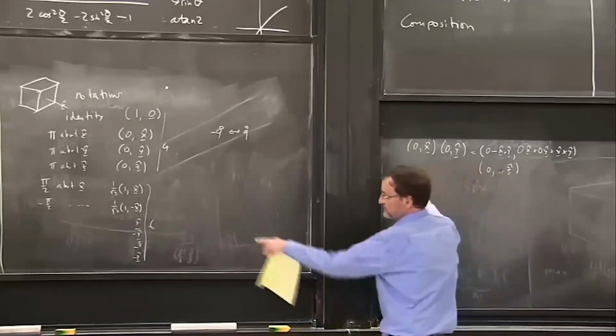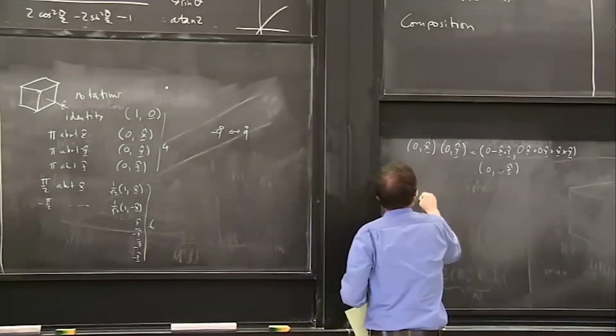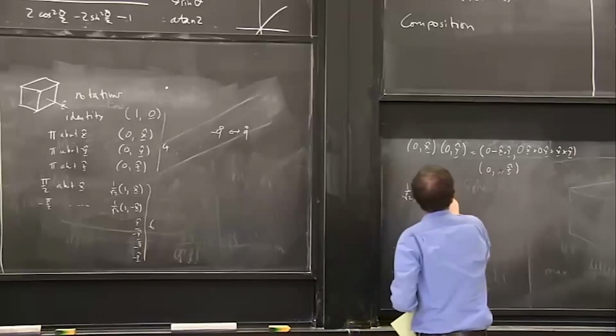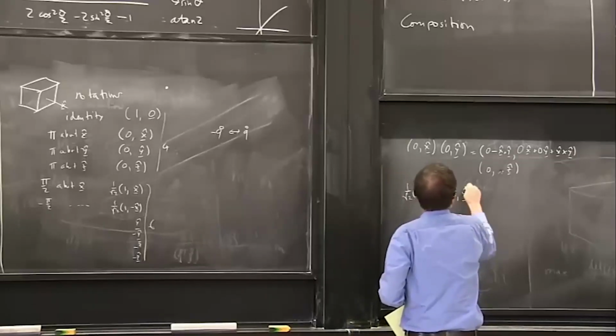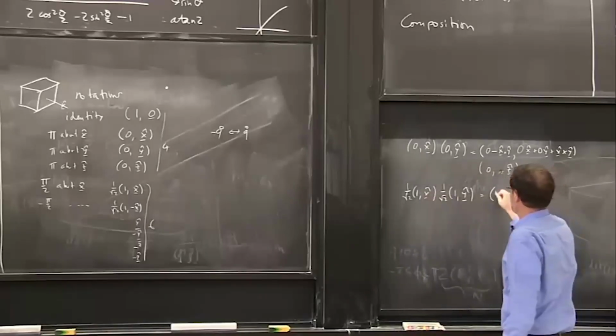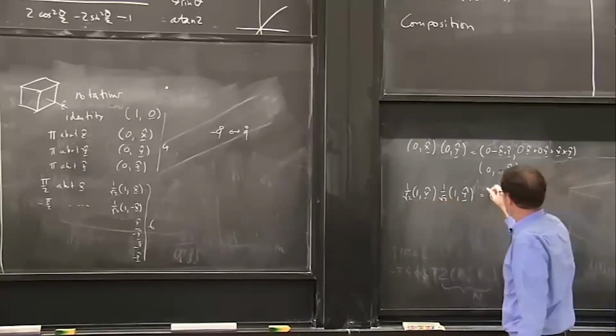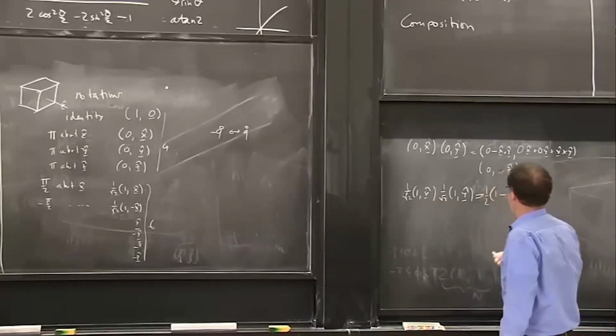Let's take some of these. 1 over square root of 2, 1x, 1 over square root of 2, 1y. Okay, that's going to be more interesting. 1 times 1 is 1, minus x dot y is 0. And, oh, well, the 1 over square root of 2 gives us 1/2.